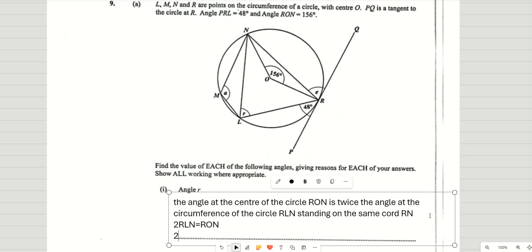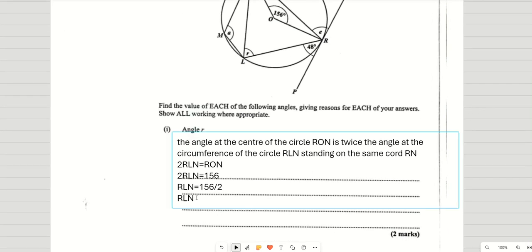Alright, so 2 RLN is equal to 156. So RLN would be equal to 156 over 2. So RLN would be equal to 78. And that is your answer. That is your reasoning and how you would do this first one.